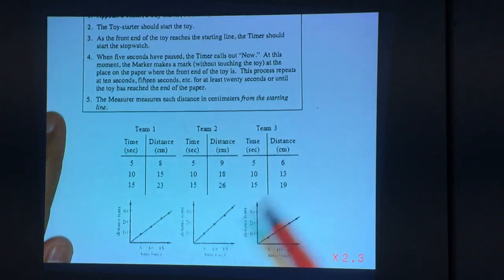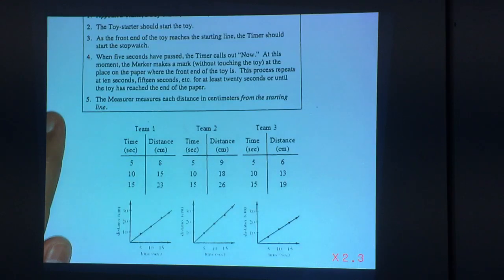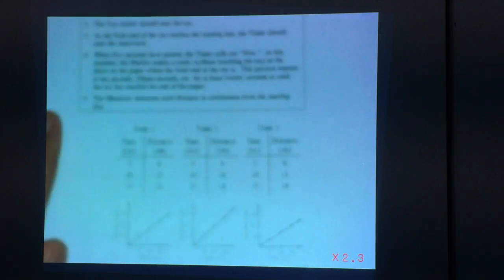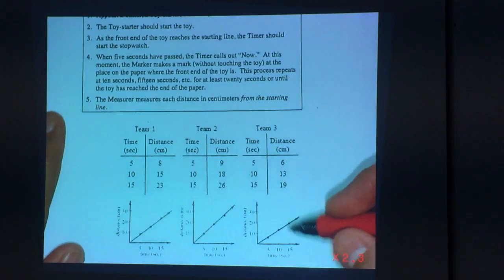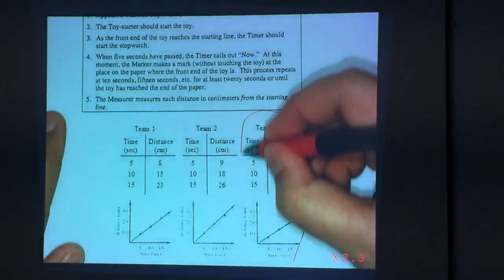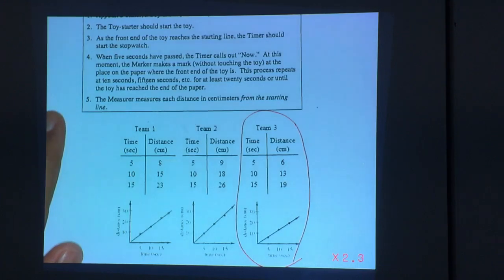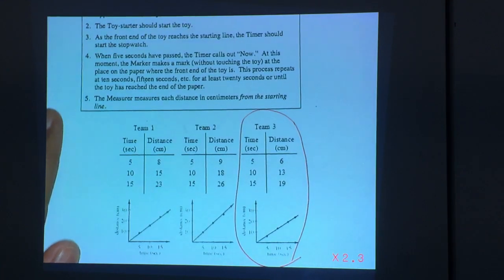Here's team 2, and here's team 3. Okay. So for all intents and purposes, we are going to be using the data from team 3. So when I start asking you questions on the back of this paper, know that it relates back to the data given to us from team 3.